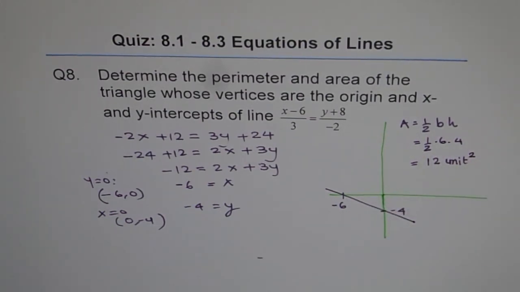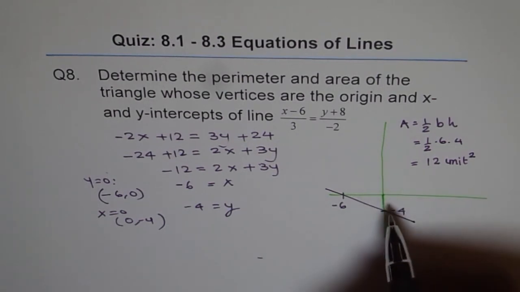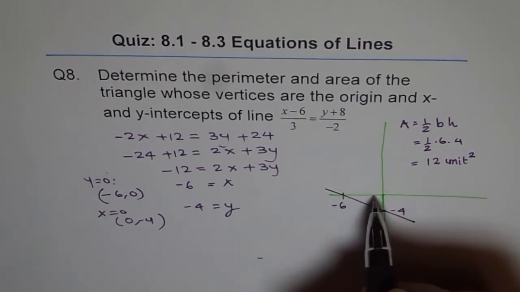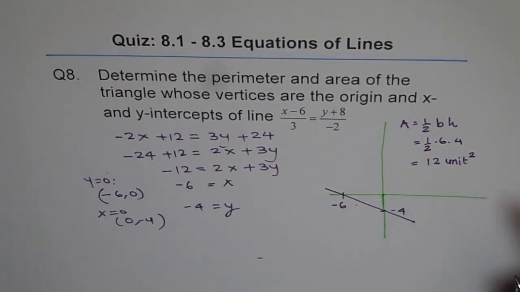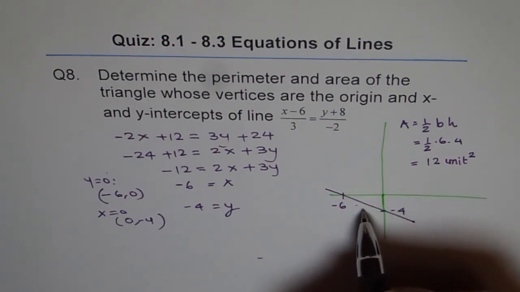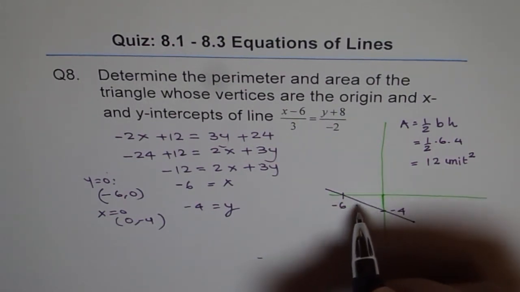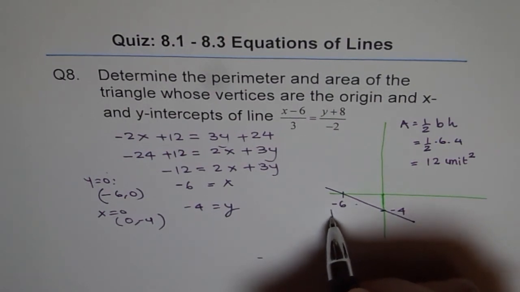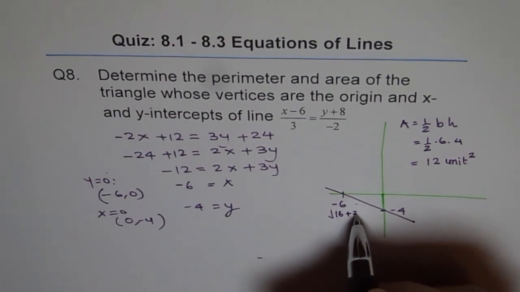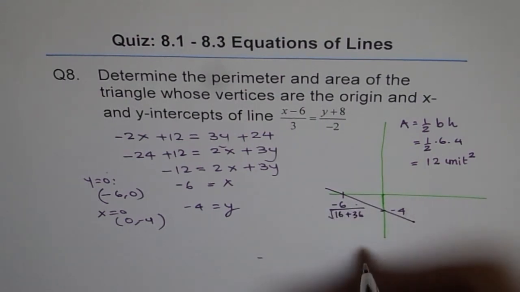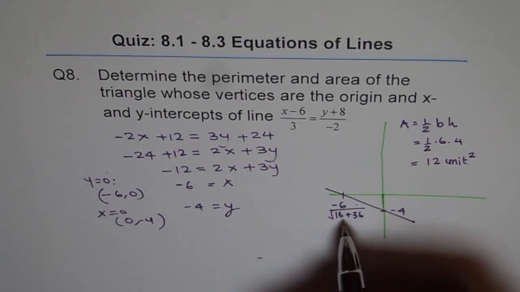And to find the perimeter, we need to find the hypotenuse, which is the square root of 4 square plus 6 square, which is 16 plus 36, square root of 52.